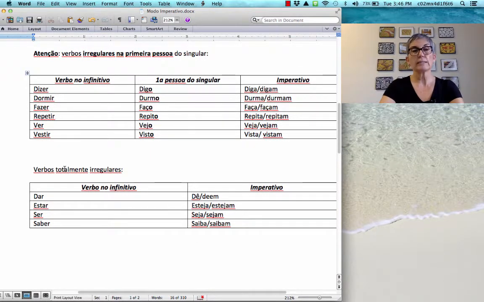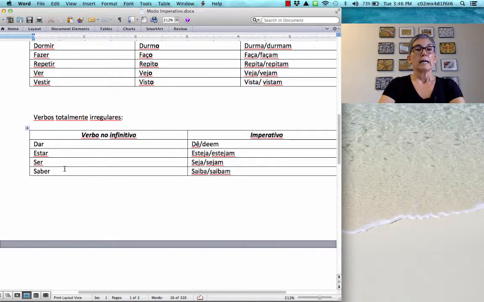Vista a jaqueta, okay? Now, some verbs are totally irregular. So this is the case with the verb dar, to give, estar, to be, ser, to be, and saber, to know. So, dar, imperativo, dê ou deem, plural. Esteja, estejam. Seja, sejam. Saiba, saibam.